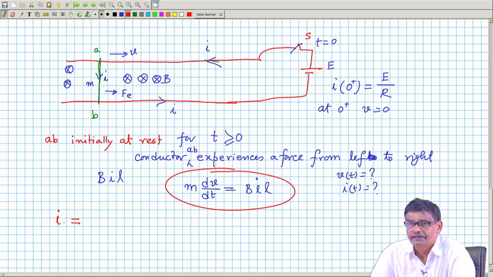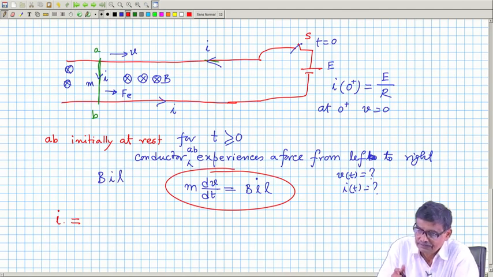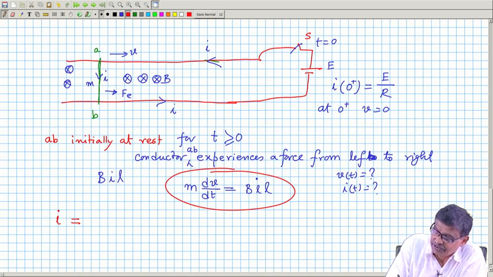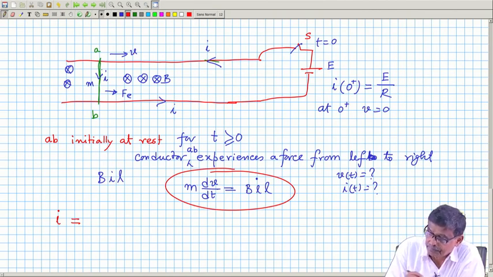We have just discussed that a conductor moving in a magnetic field will have an induced voltage BLV. So, this conductor moving from left to right with velocity v meter per second must have an induced voltage.